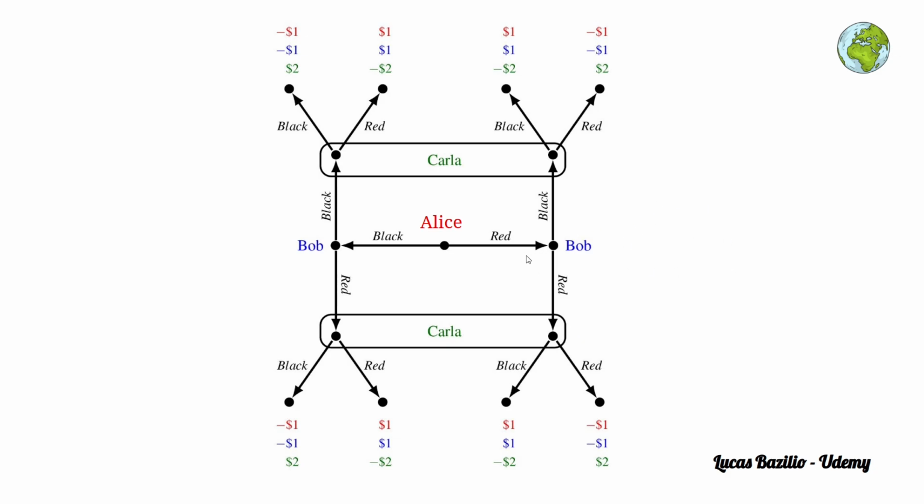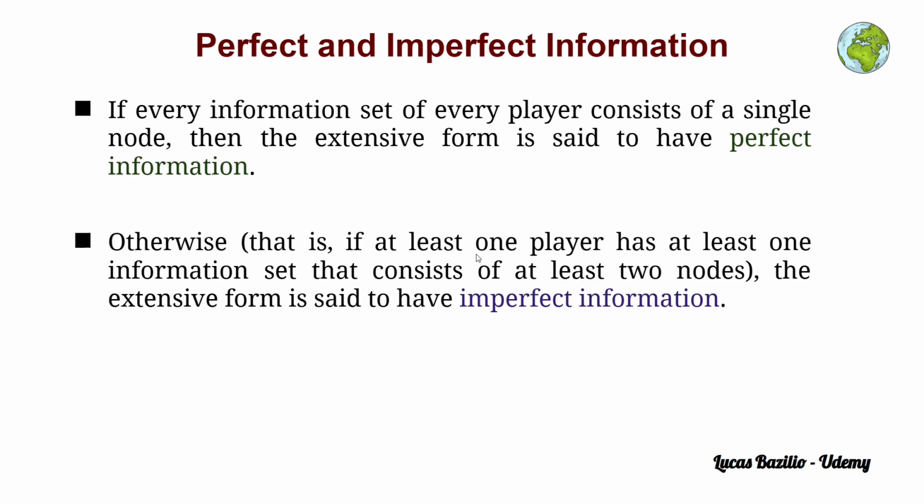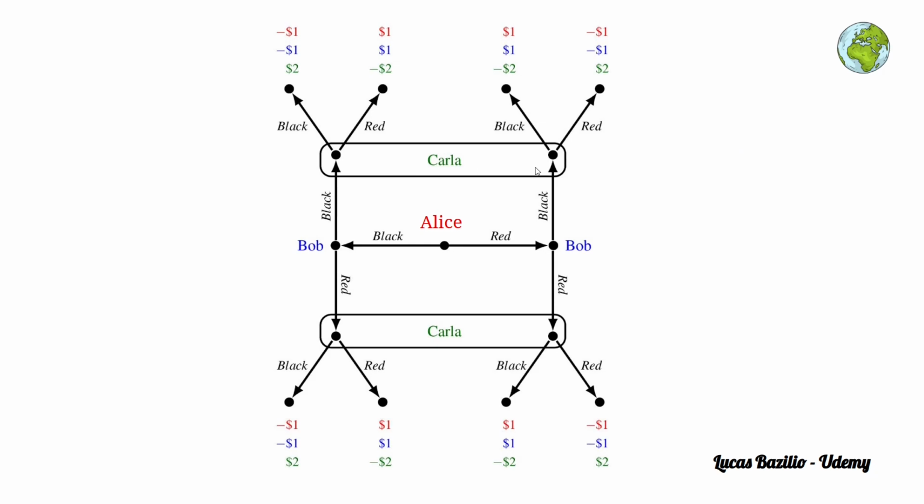So the first thing that we can say here is that this game is a game with imperfect information. Why? Well, because we have at least one player, namely Carla, that has at least one information set, and in fact she has two information sets, that consist of at least two nodes. And we can see that both of these information sets have two nodes, right?